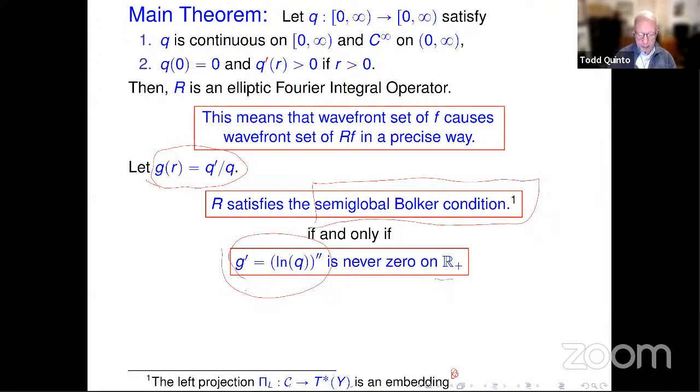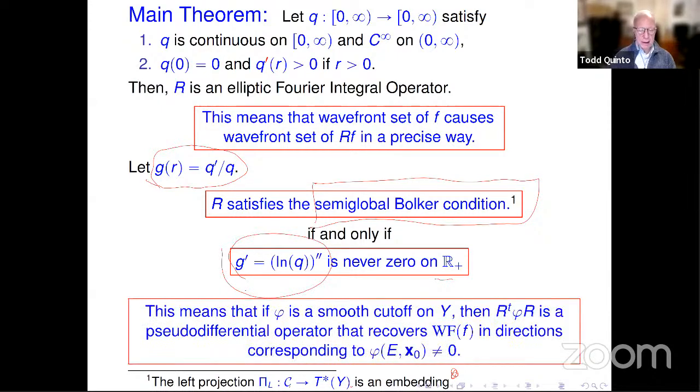But the important thing for us is that it means that if you take a smooth cutoff phi on Y and form a normal operator, R transpose, the back projection, phi R, where phi is there so you can compose them, it's a pseudodifferential operator.